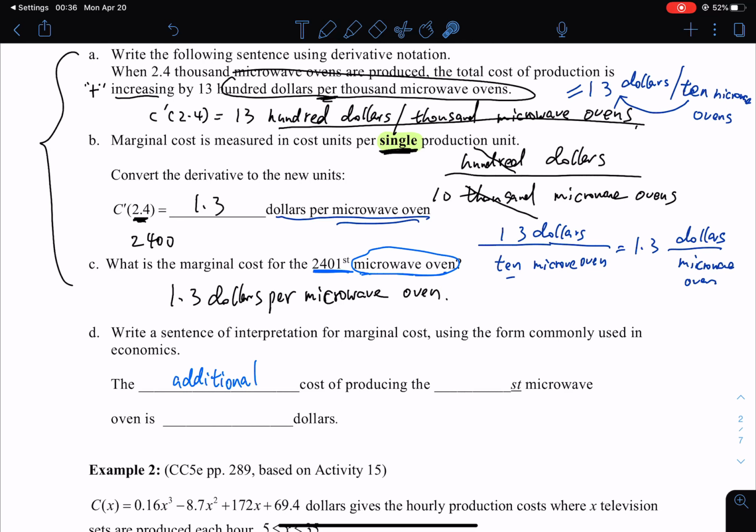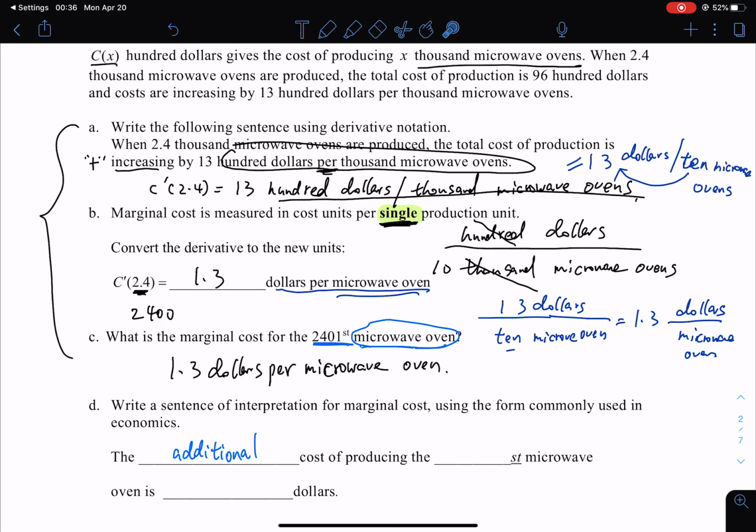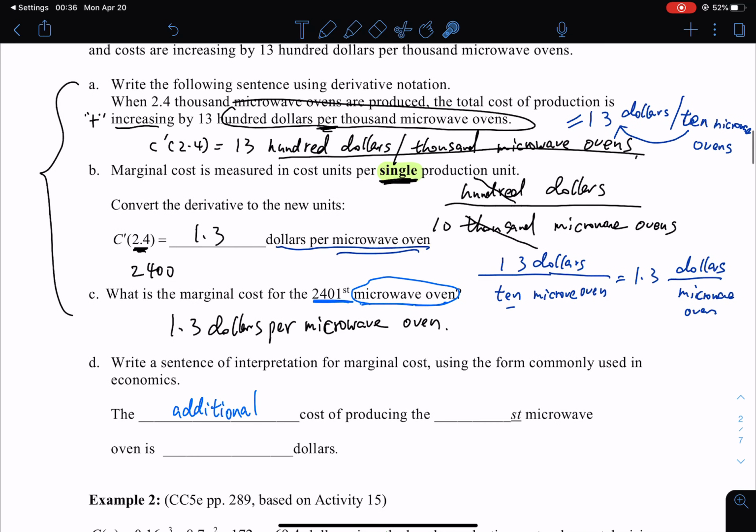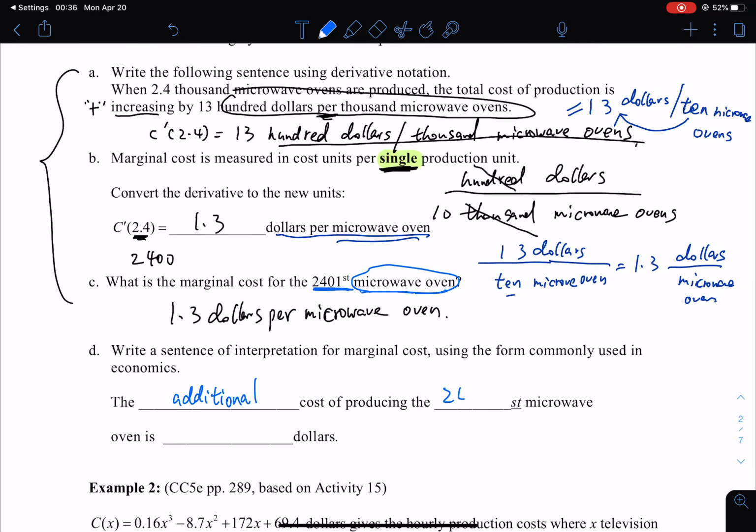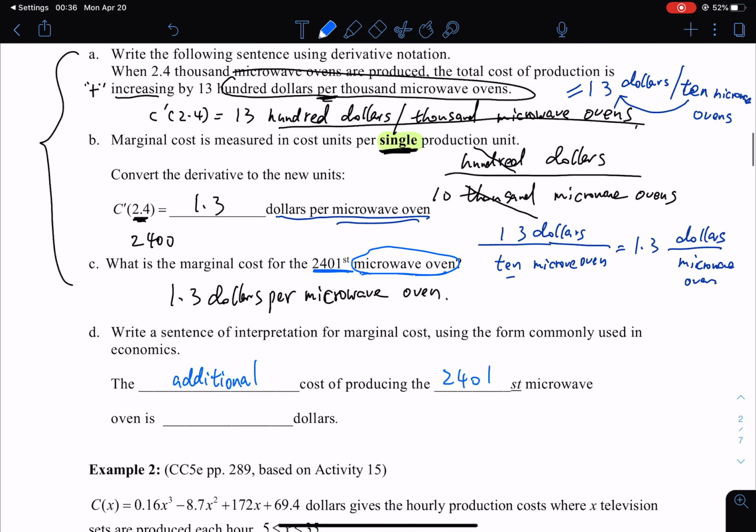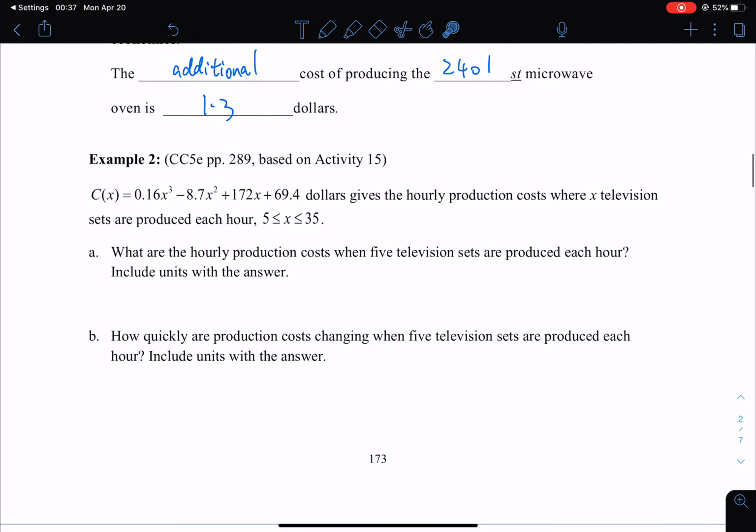So the next one is producing the x plus 1, which is 2.4, meaning 2,400 plus 1. And the unit is just dollars, you can see here. That is just 1.3, because the unit is dollars. They are the same thing. All right, next let's pause the video and finish example 2, A, B, C, D, E.